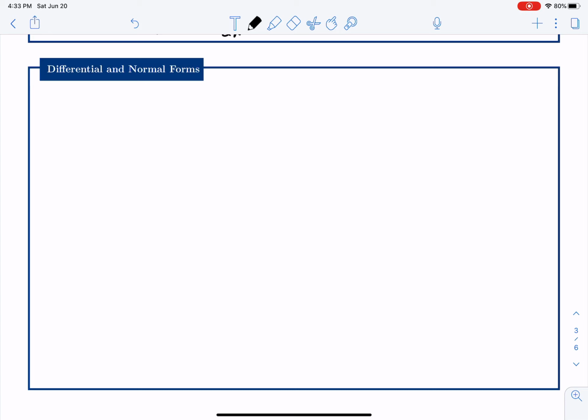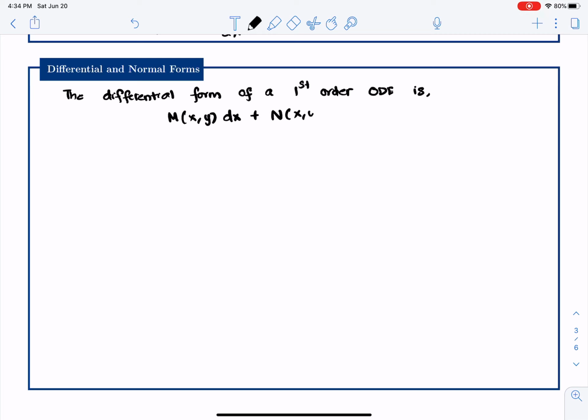So some function m of x comma y times dx plus n of x comma y times dy equals 0 is the differential form.